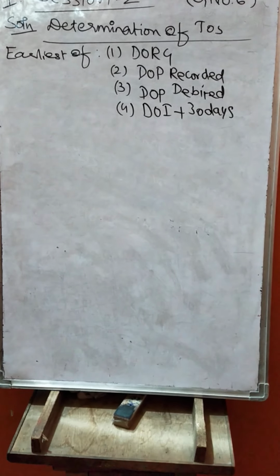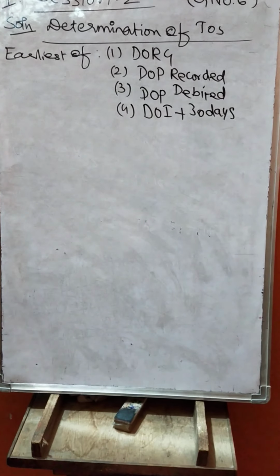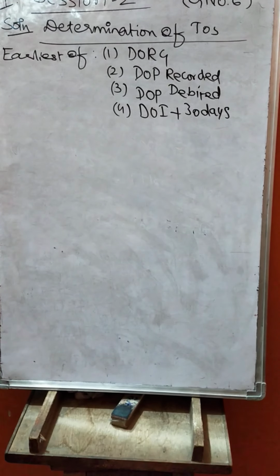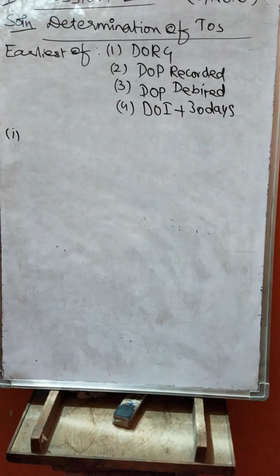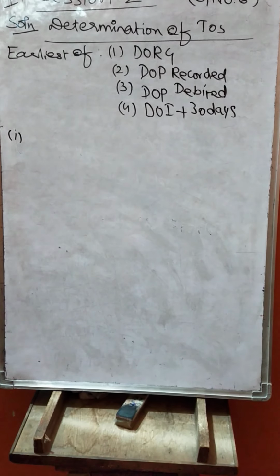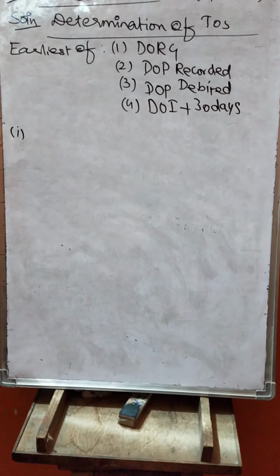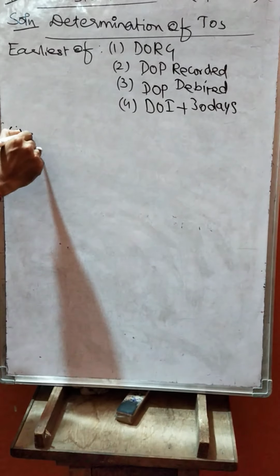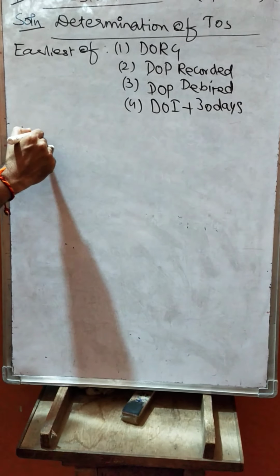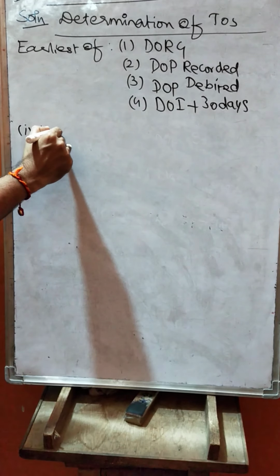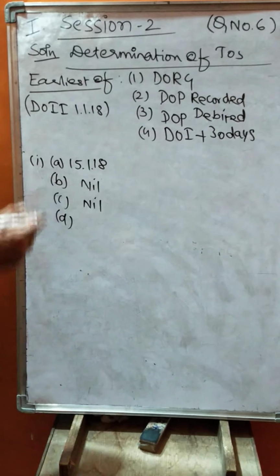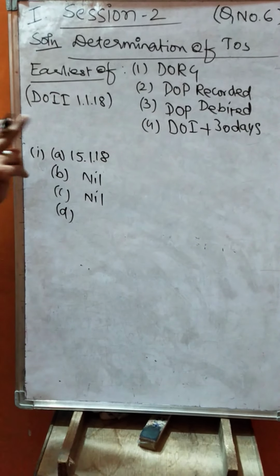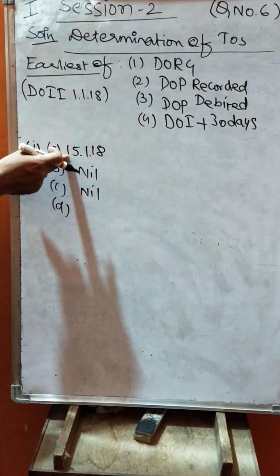So look at the question number 6. First situation. What was the first situation? Mr. Ashok received the goods on 15th January. So receipt of goods is 15th January 2018. Case 1, serial number 1. There are only 2 dates given. So date of receipt of goods is 15 January.